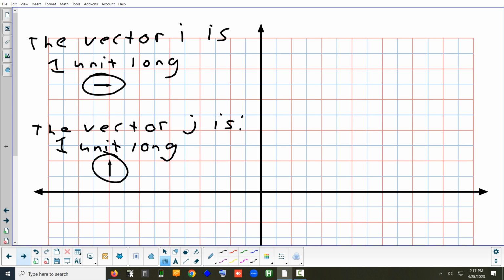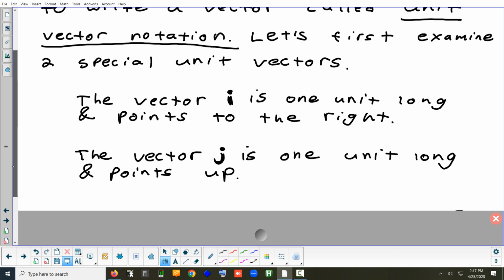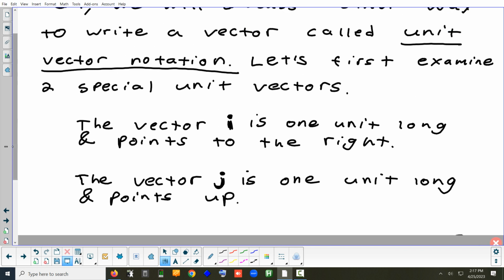That's what J looks like. So what I want to do is see how we can use I and J to write a vector. That's the last way we're going to look at writing vectors.